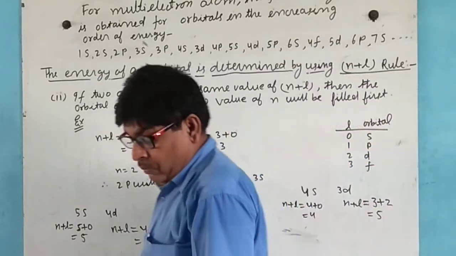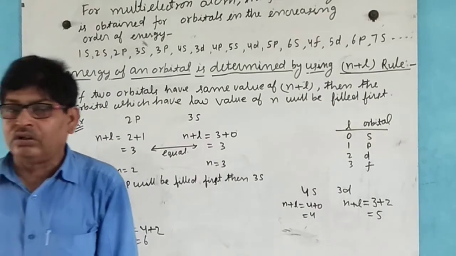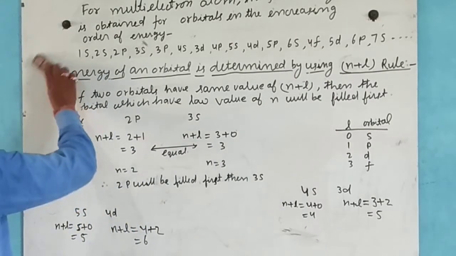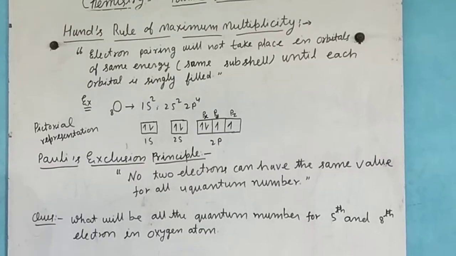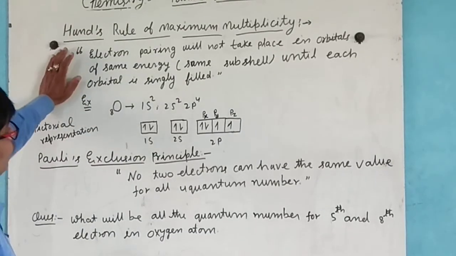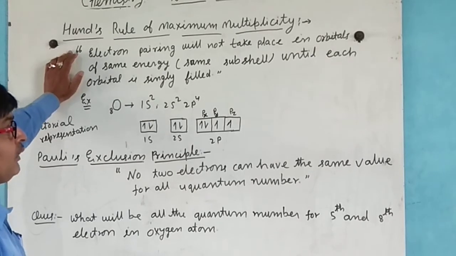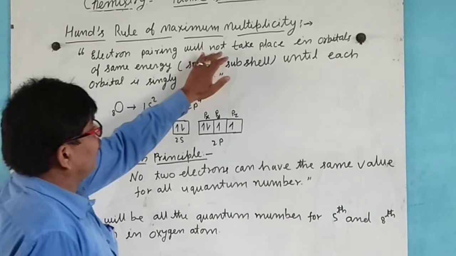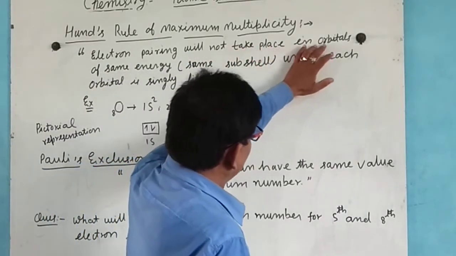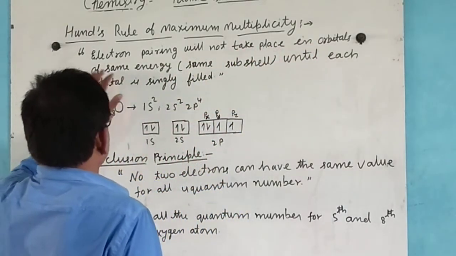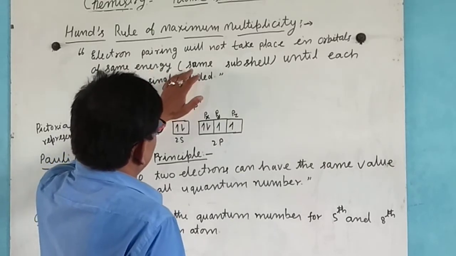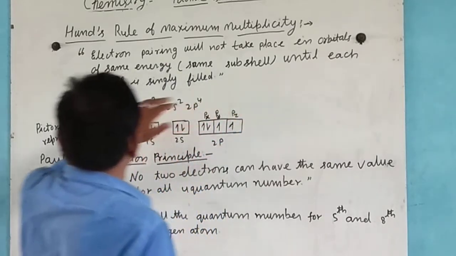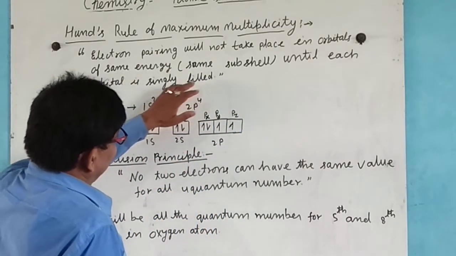And now we study about Hund's rule of maximum multiplicity. Electron pairing will not take place in orbitals of the same energy, the same subshell, until each orbital is singly filled.